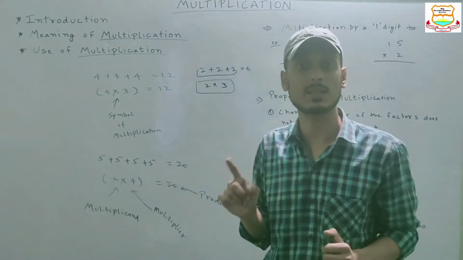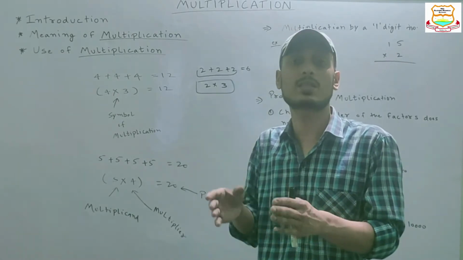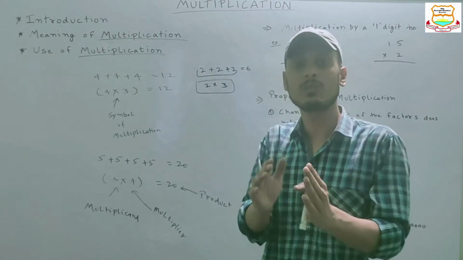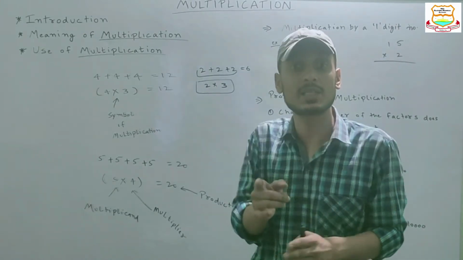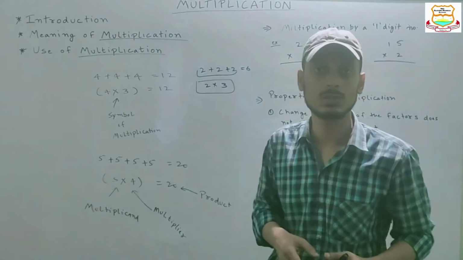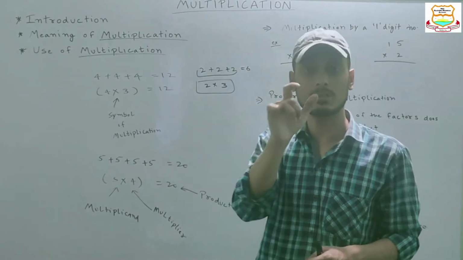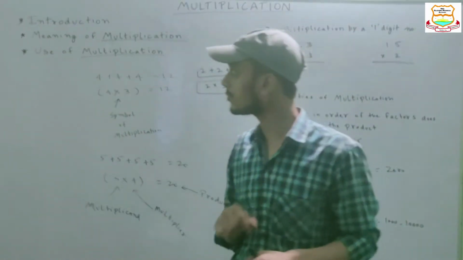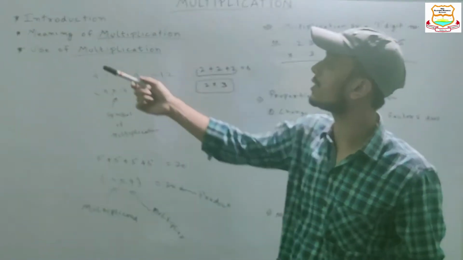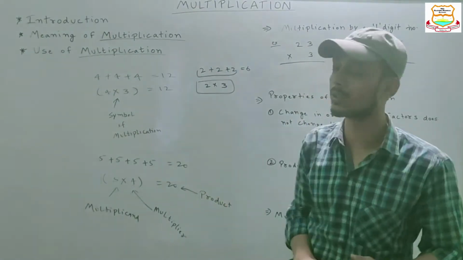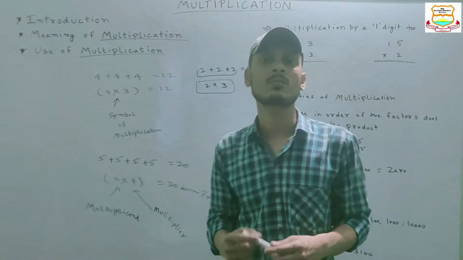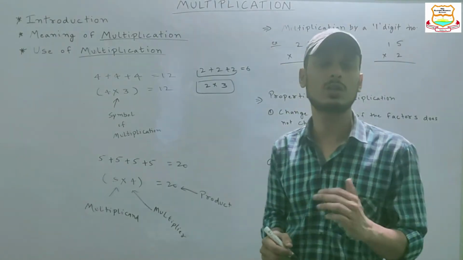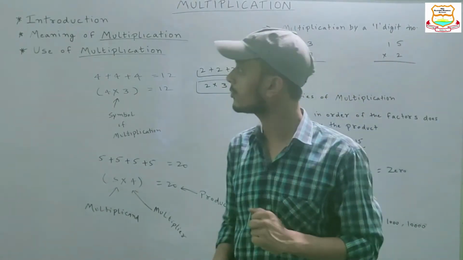That special case is when the same number is added again and again, we represent that addition in some other form, and that form is called multiplication. So I have explained you the meaning of multiplication. Let me repeat it. Multiplication is the repeated addition of a number.